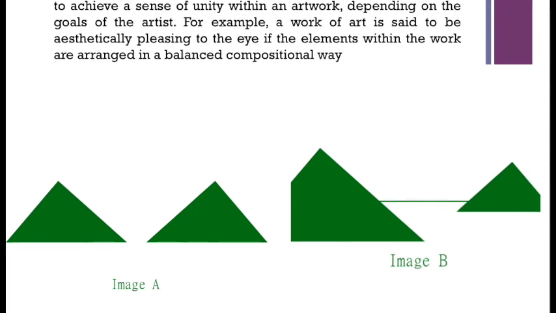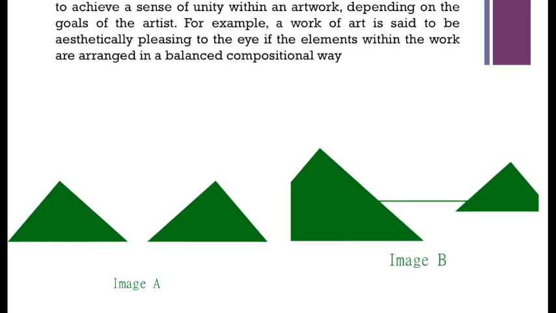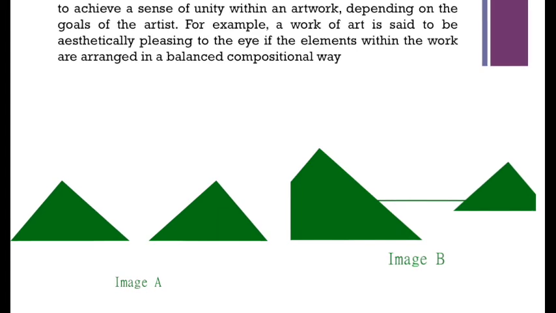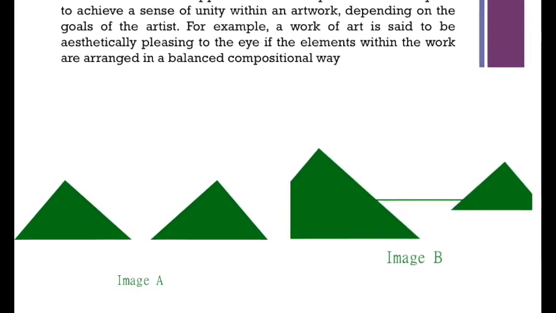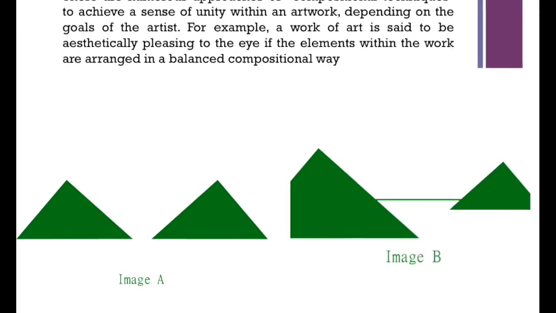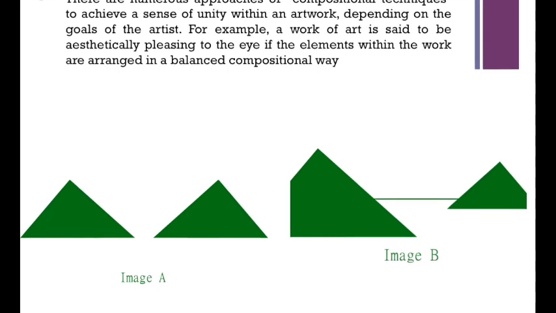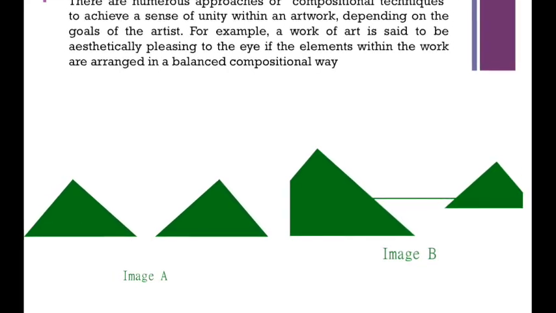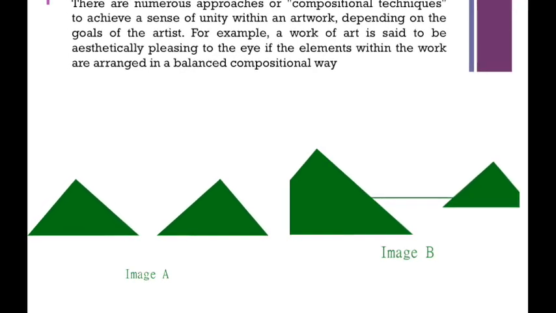There are numerous approaches or compositional techniques. So this is an example of composition technique. For example, a work of art is said to be aesthetically pleasing to the eyes. For balanced composition, sometimes we refer to the same character, same size in one single design. But sometimes when we look at image B, it has different sizes in one single design.